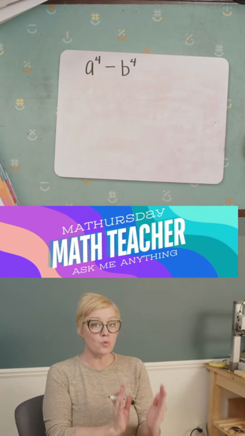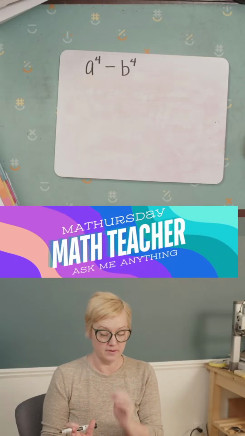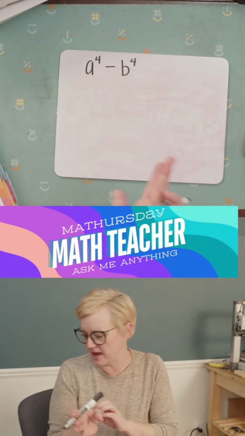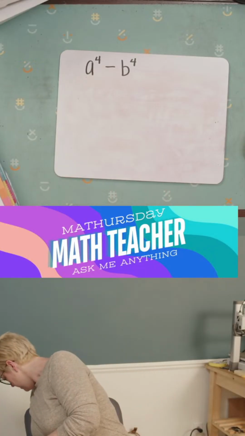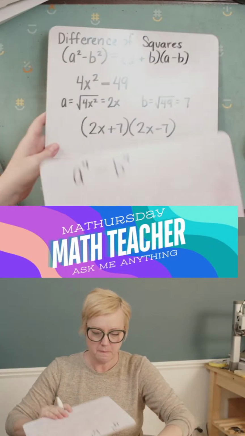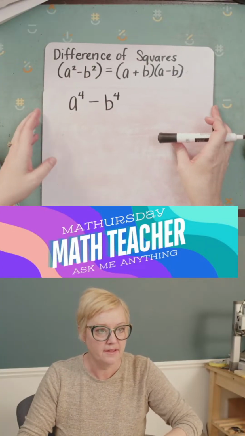So I'm going to take the square root of the first term and the square root of the second term. Now this gets a little bit confusing because we always use A and B for the formula, right? But let me grab my difference of squares. Here we go. Okay, so here's the difference of squares formula.